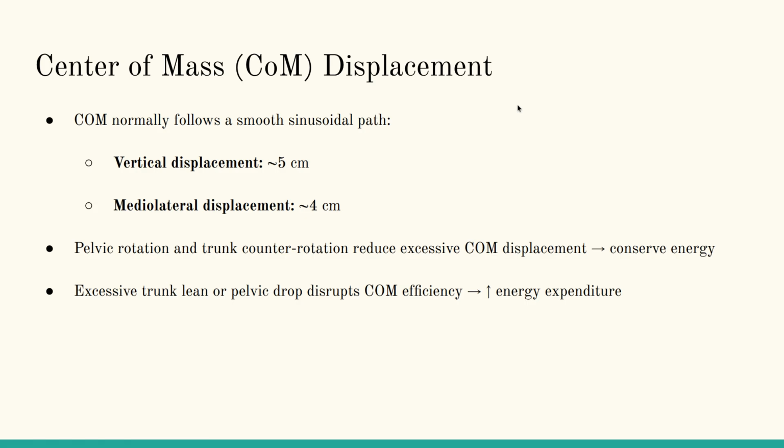Pelvic rotation and trunk counter-rotation reduce excessive center of mass displacement, conserving energy. Excessive trunk lean or pelvic drop disrupts this efficiency and increases energy expenditure. Inefficient gait often shows up as fatigue before pain.